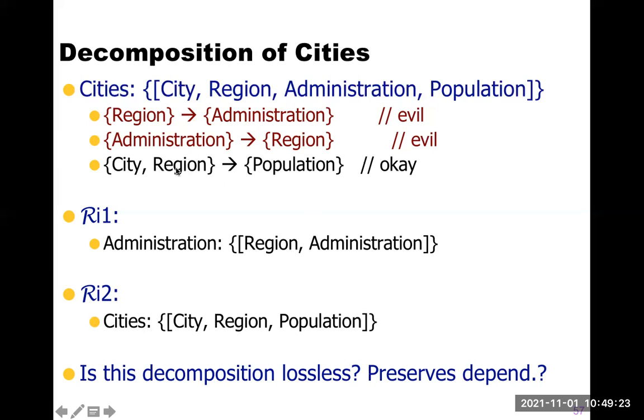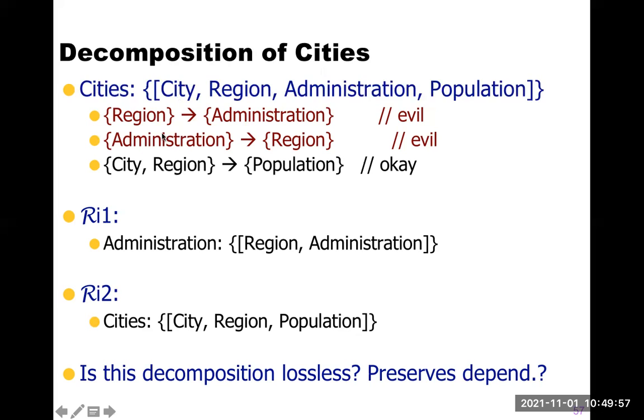As region is a part of the key, we don't want to break our key. If we remove region in our cities table, we'll have no key. So we remove administration, and city and region remain here, and population remains here. So the result is lossless, with city and region as the key here, region as a key here, and administration as another key here.